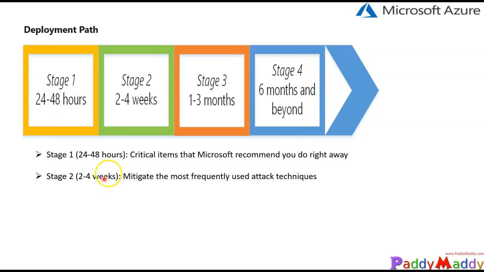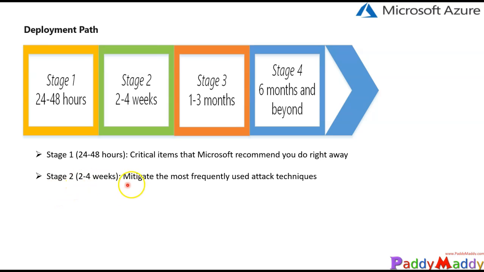In stage 1, you would be addressing immediately, within a 2-day timeline, all the actions, for example global admin specific: enabling multi-factor authentication, reducing the global admins, and identifying the required resources and granting only as eligible. All that will be done within 24 hours.